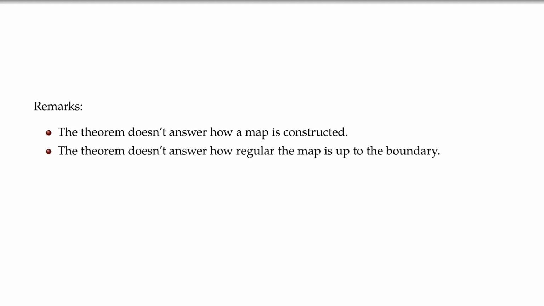Now the other thing is that it doesn't tell you how nice the map is as you go to the boundary, right? It could be really bad as you get close to the boundary of U. But it generally is actually quite nice.